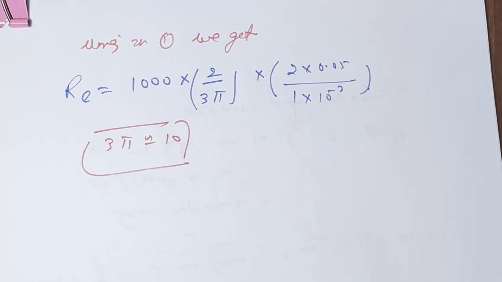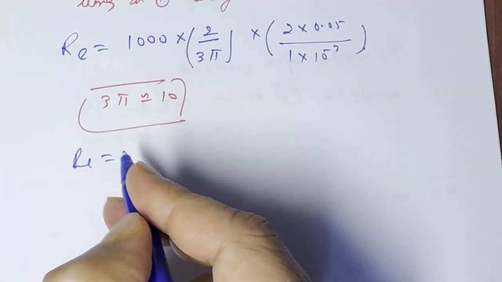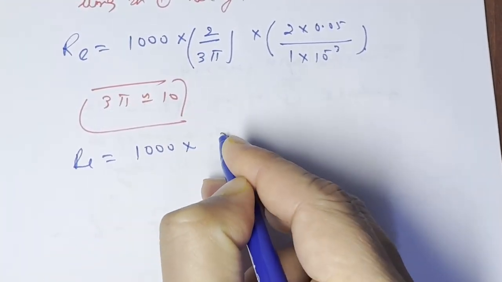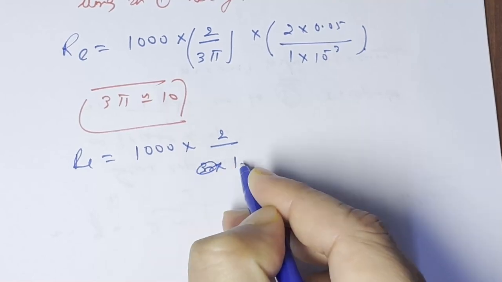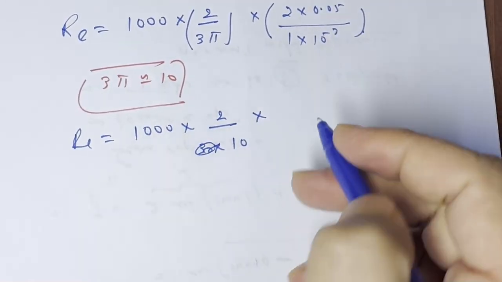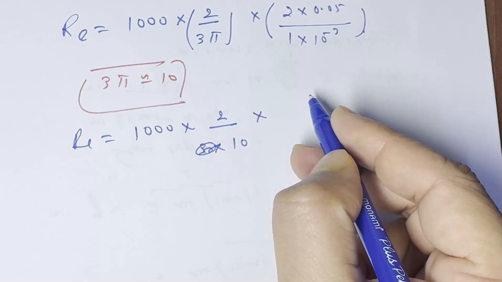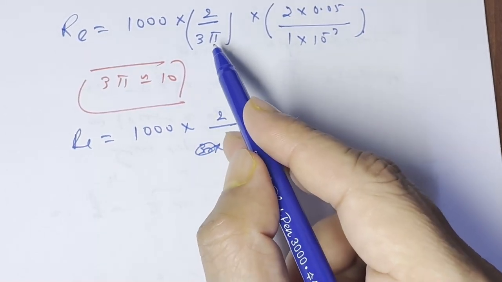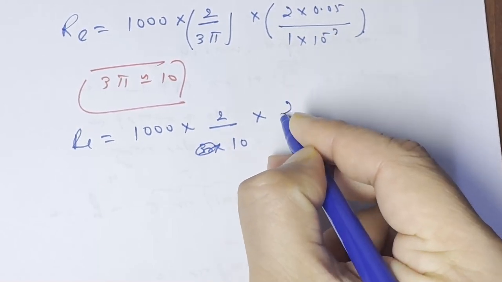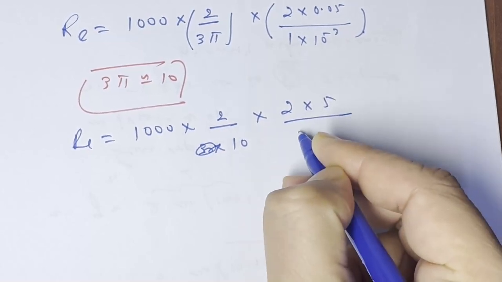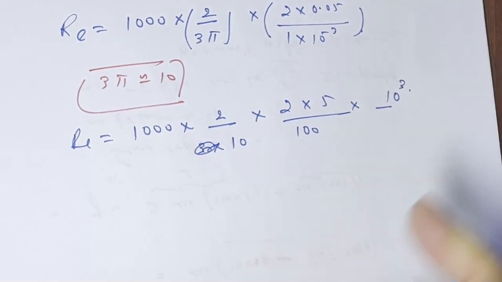So if we solve it, let me substitute the value here. First of all, we get Re will be equal to 1000 multiplied by 2 upon 10 multiplied by, and we have here this is now 2, so 5 upon 100 multiplied by 1 upon 10 to the power 3.